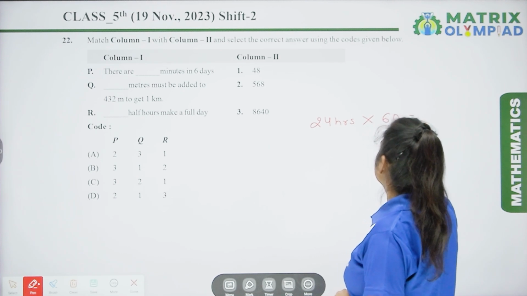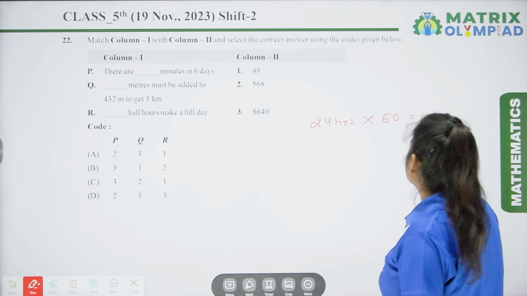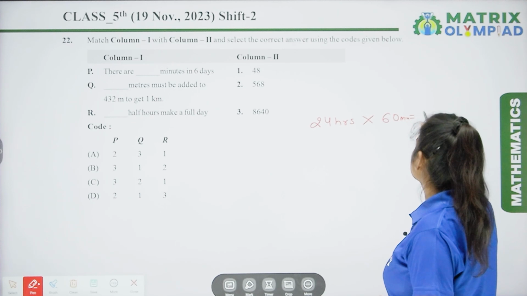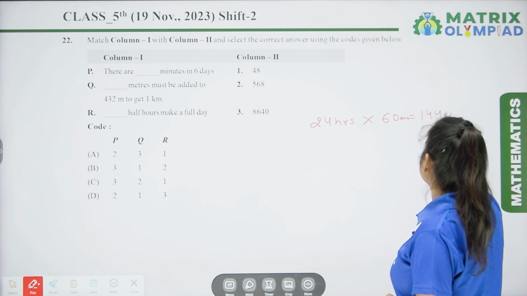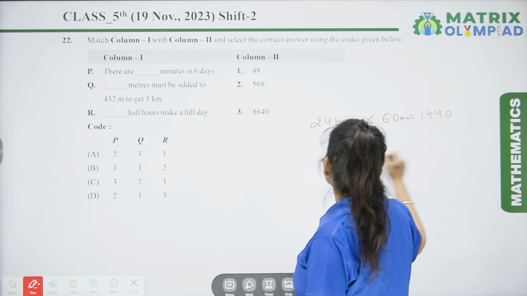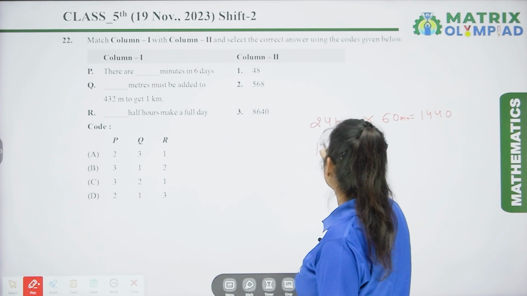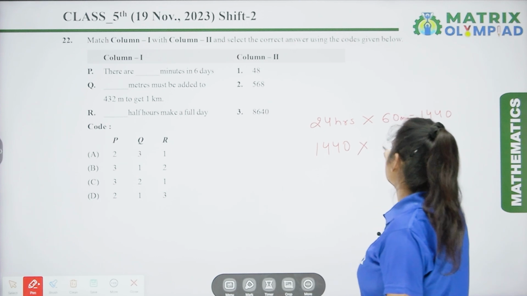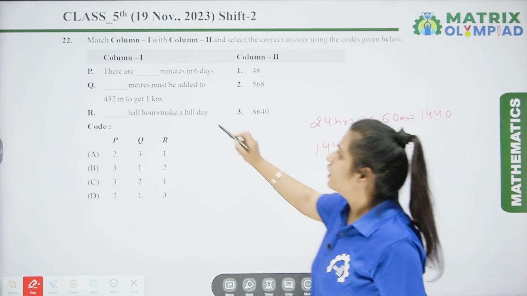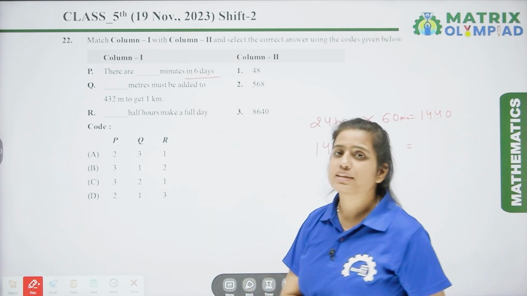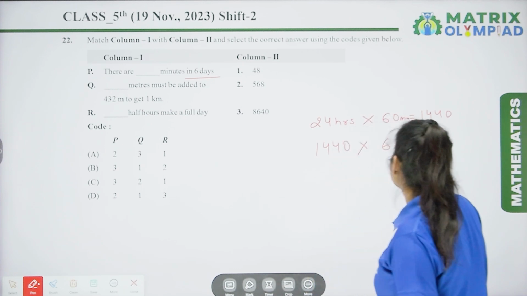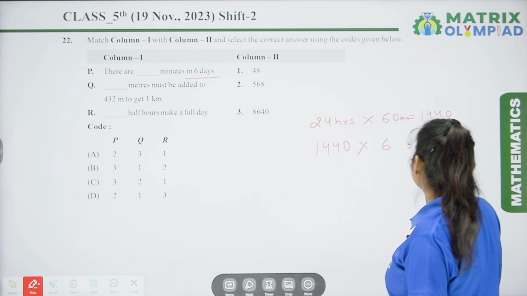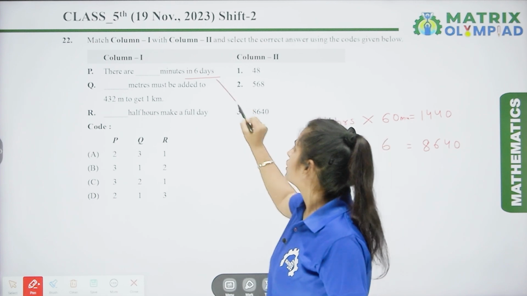So we multiply 24 by 60 and we get 1440. Now 1440 is multiplied by 6 because we need the total minutes in 6 days. So we get 8640.